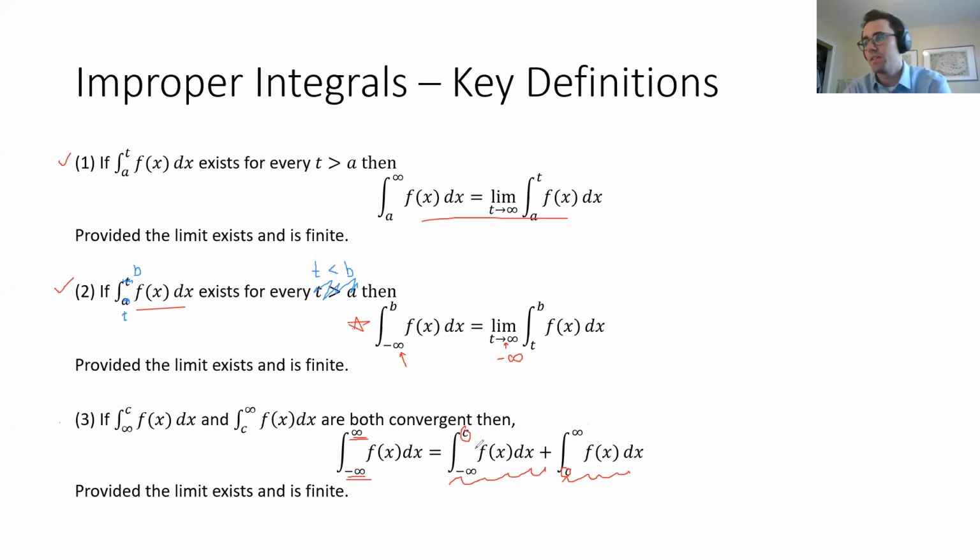We'll see an example like this in example 3, because this seems a little bit different than what we've seen before. And as long as these 2 integrals exist, as per the definitions up here at 1 and 2, then we know that the original integral from negative infinity to infinity of f of x dx will also exist. That covers those 3 key definitions. If you need more time to copy those down, pause the video, and we'll pick up in a second.